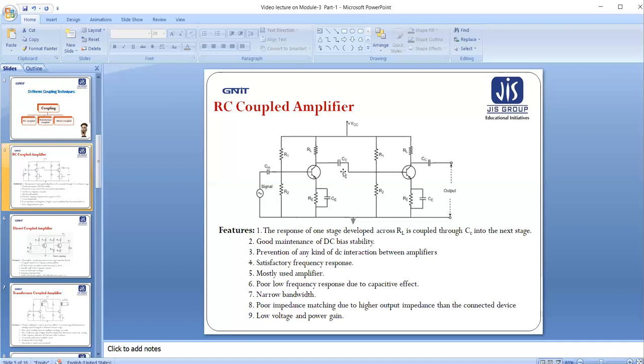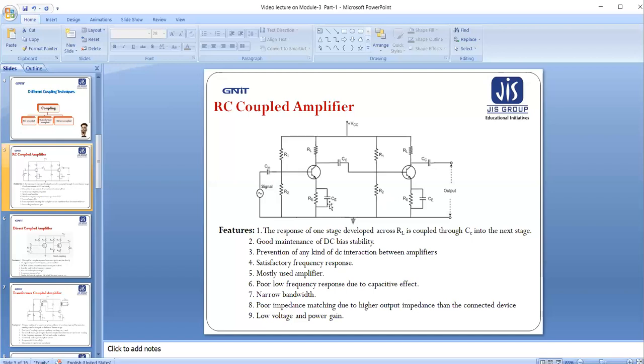I am reiterating that this capacitor CC will behave as the output coupling capacitor for the first stage but act as the input coupling capacitor for the second stage. So for this stage, this capacitor will behave just like this capacitor.